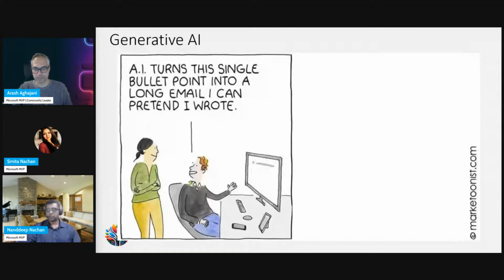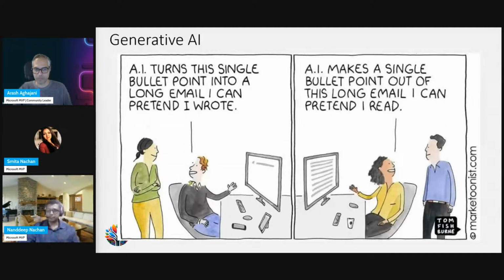Okay, so this is how generative AI is used. Probably not the best use case of how we are using generative AI, but just on a lighter note, this is how it is being used. But now the second part of this is the other person who is sitting on the receiving end. Even that person is smarter.